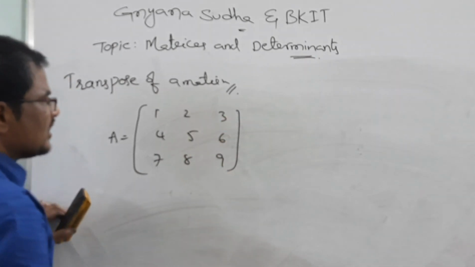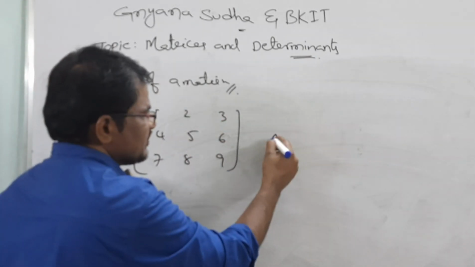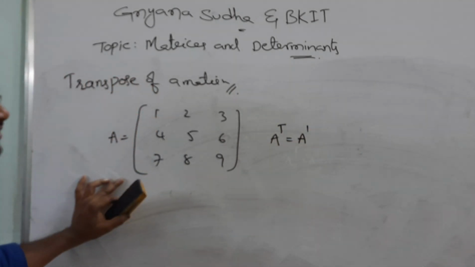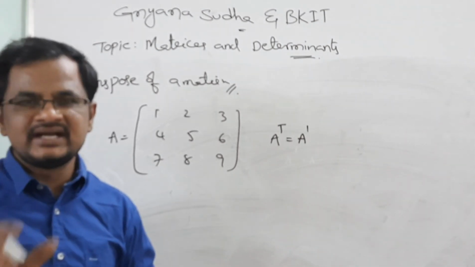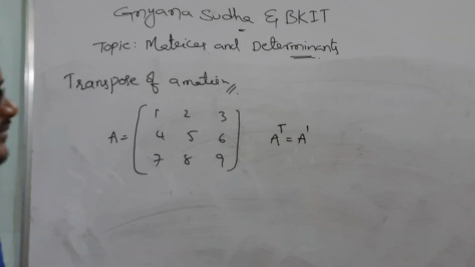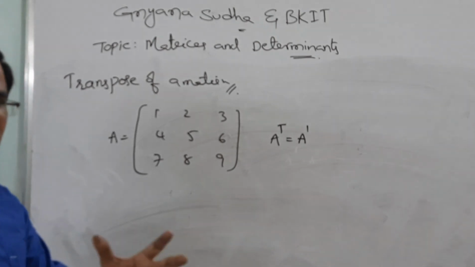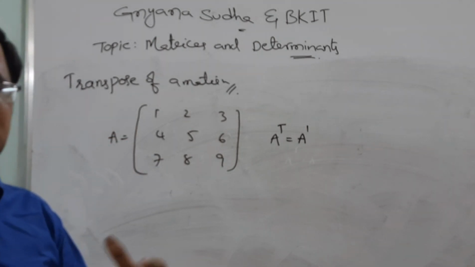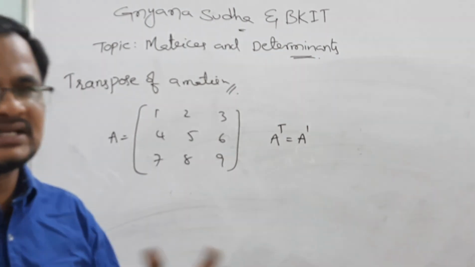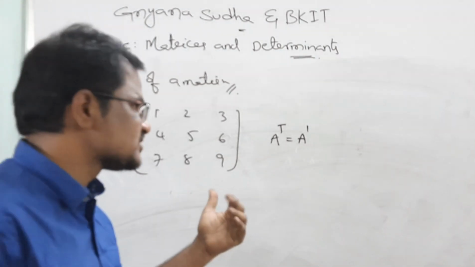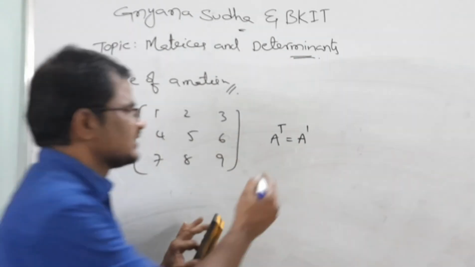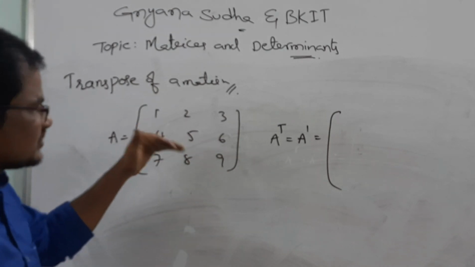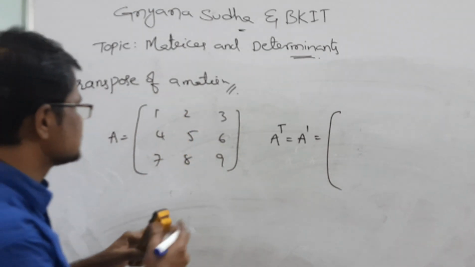Transpose of this matrix is denoted by A dash or A power T. It is obtained by interchanging the rows and columns of the given matrix, means rows into columns and columns into rows.